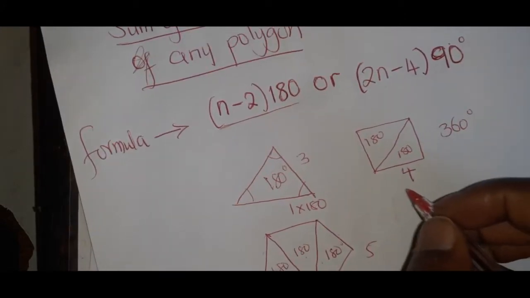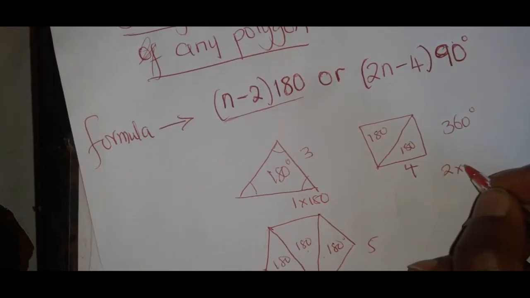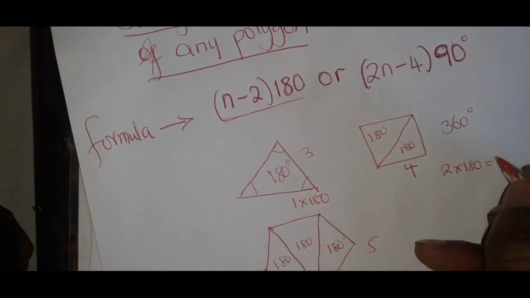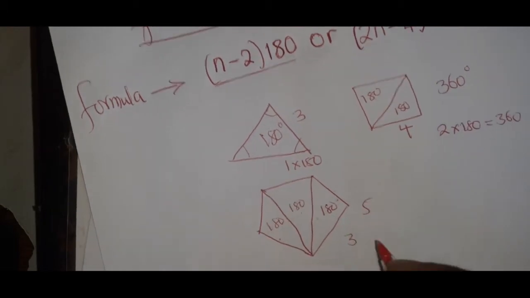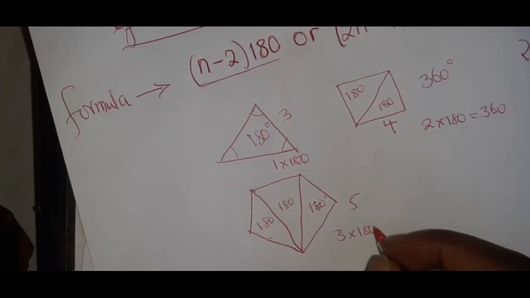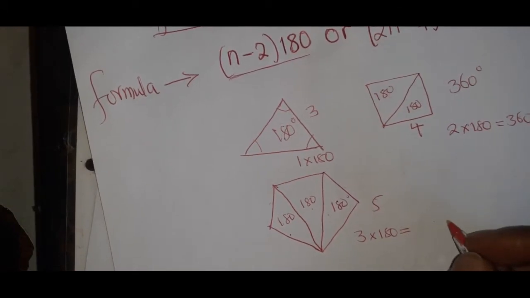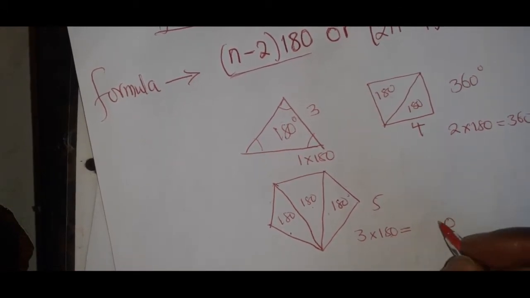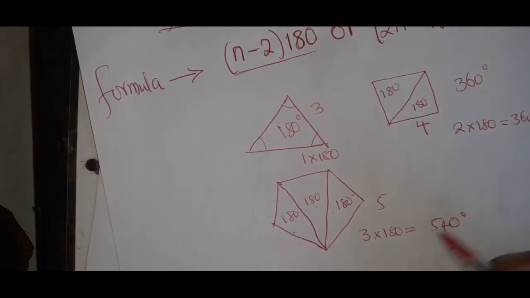This one, there are 2 triangles, so 2 multiplied by 180. That's what is giving us 360. Then here it will be 3 multiplied by 180, which is going to give us 540 degrees.